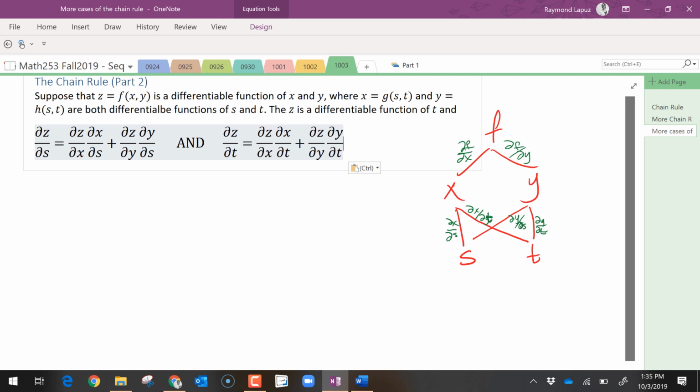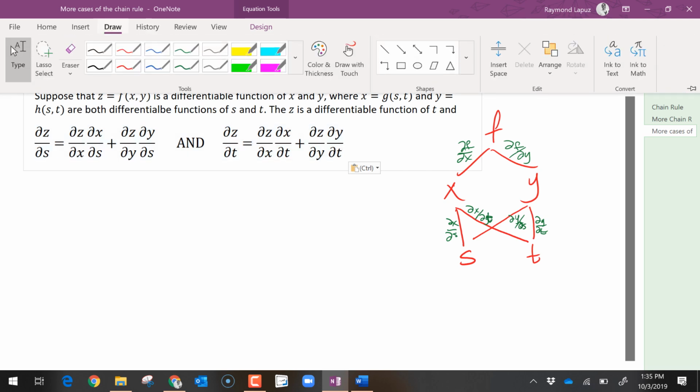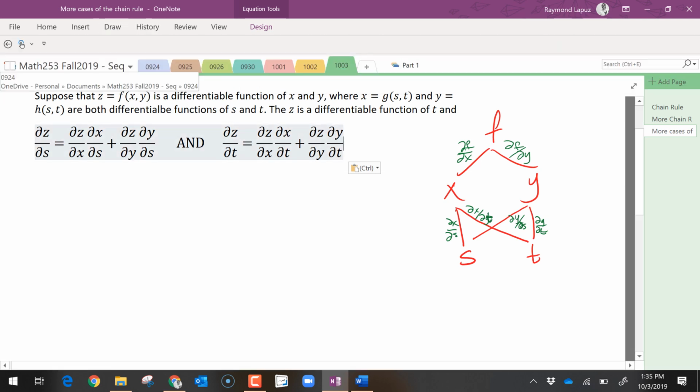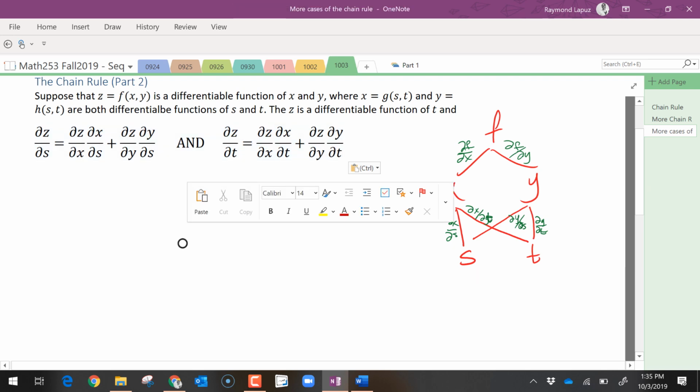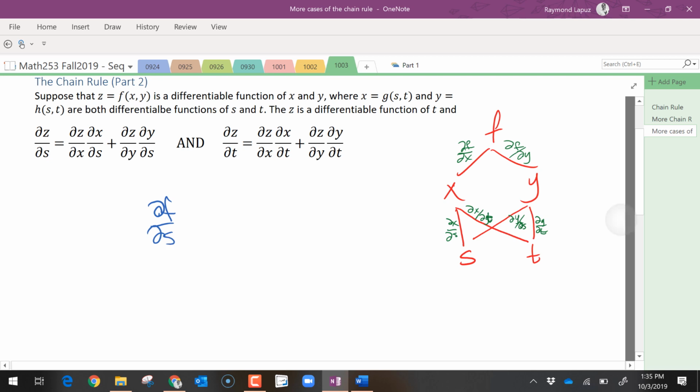And then the way we would trace it down the tree is that if we say we wanted the partial of f with respect to s, what we're going to do is try to find all the ways to get from f to s and then add them all up. So through x, we would have the partial of f with respect to x and the partial of x with respect to s.